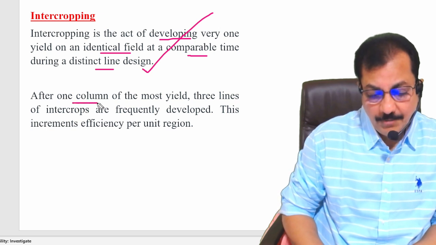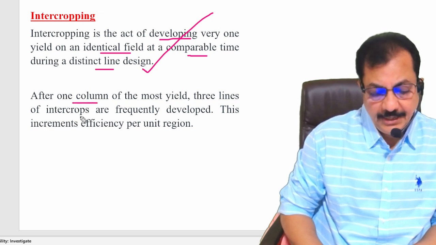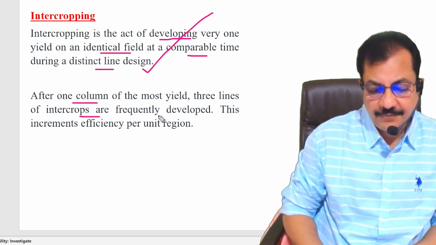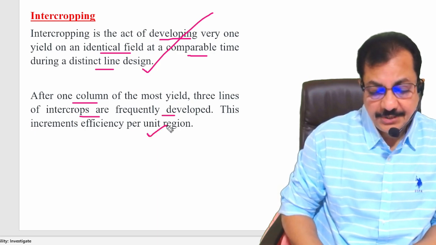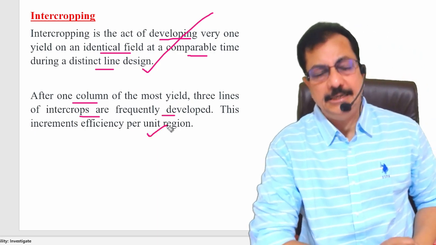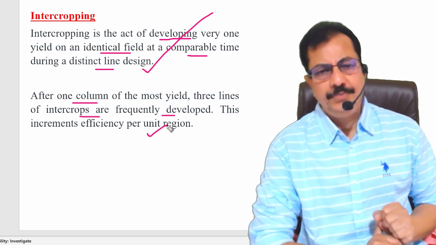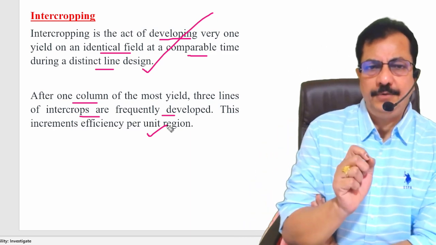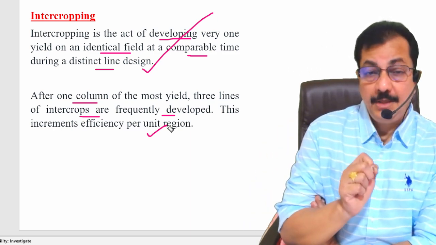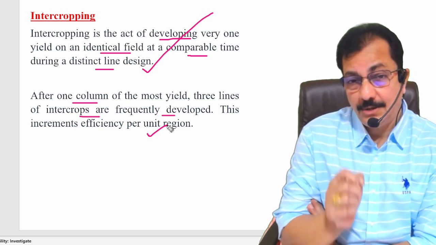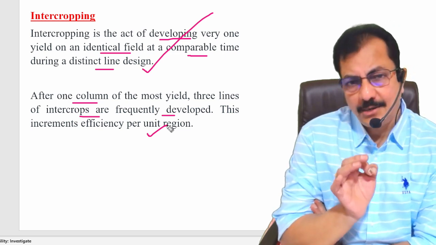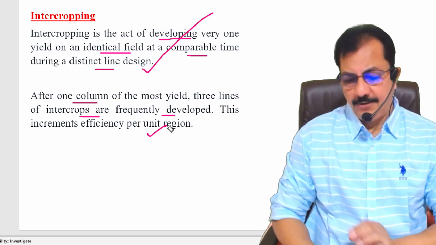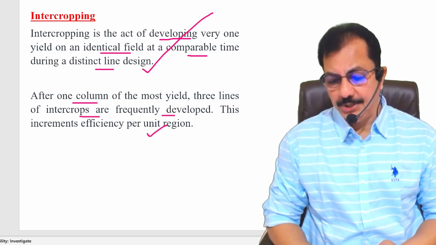After one row of the main crop, three rows of intercrops are frequently grown. This increases the efficiency per unit area. Kindly remember, whatever the types of the crops that we are discussing, every type has got its own advantages and disadvantages. What are they? That is important for our examination.